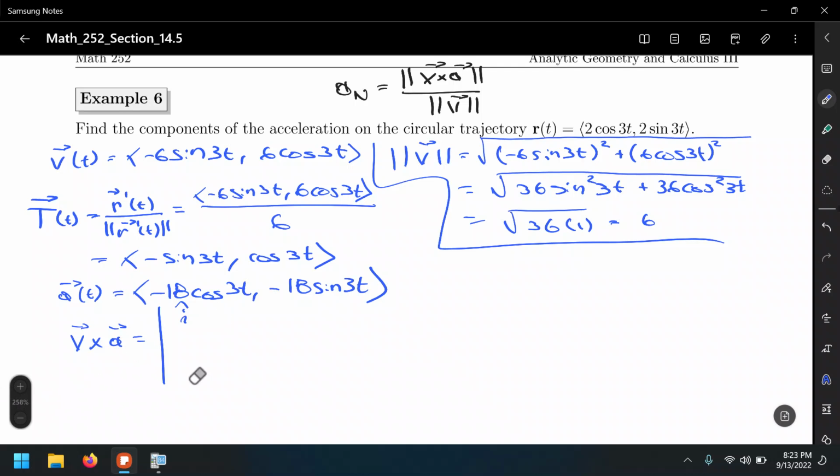So for I, that's the velocity vector, which is negative 6 sine 3t, J, which is 6 cosine 3t, and K, 0, and the acceleration vector, which we have just above, negative 18 cosine 3t, negative 18 sine 3t, 0. So we need to find the cross product between these two vectors.